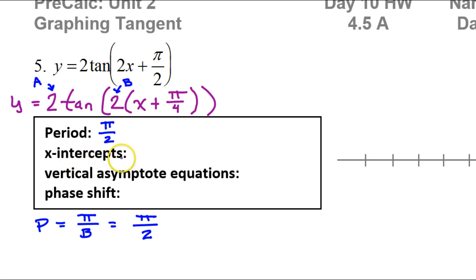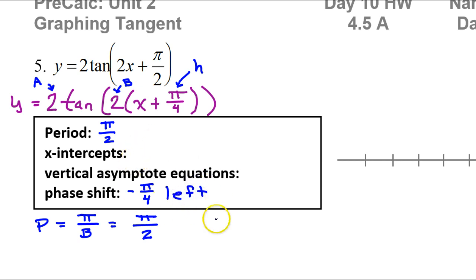I will deal with the x-intercepts and the vertical asymptotes at the end after I've graphed it. The phase shift is given to us by this h value, but it's the opposite of the way it looks, so it will actually be negative pi over 4, which means that it is to the left.